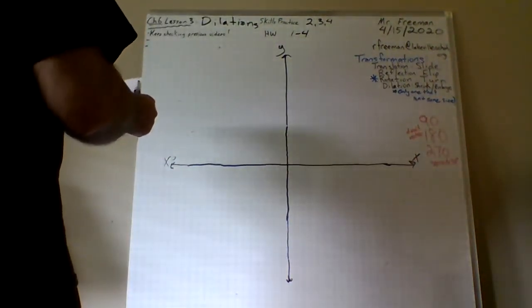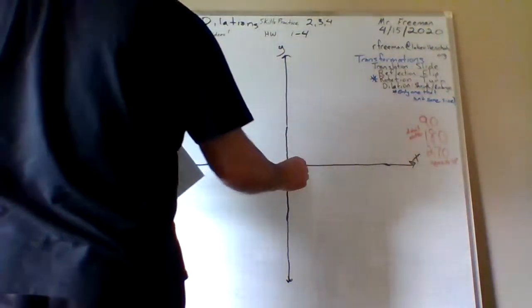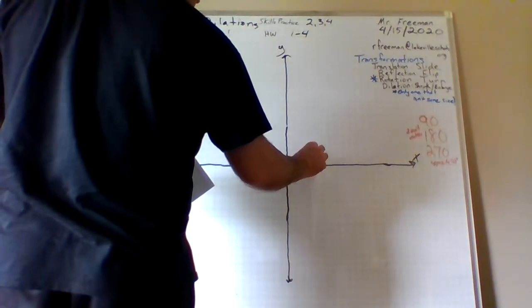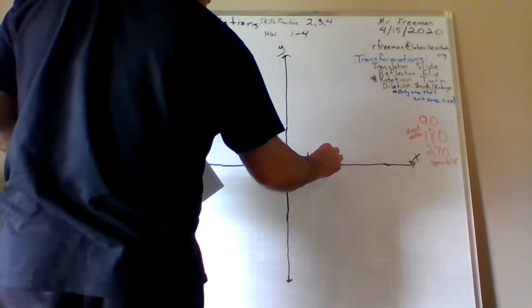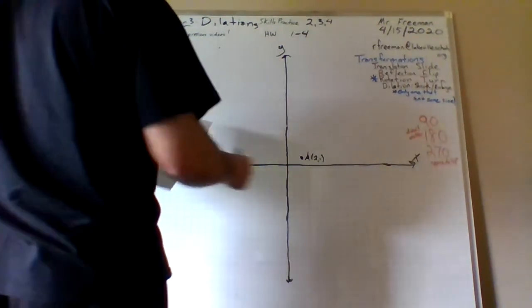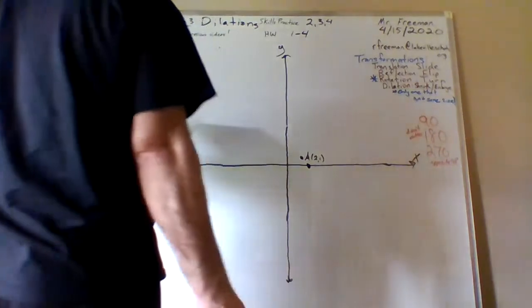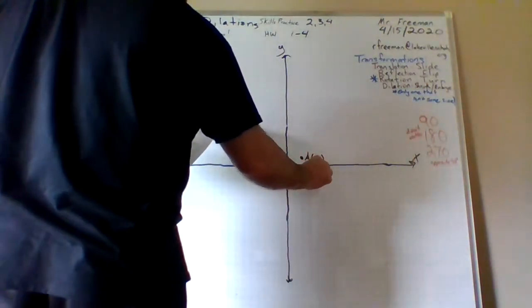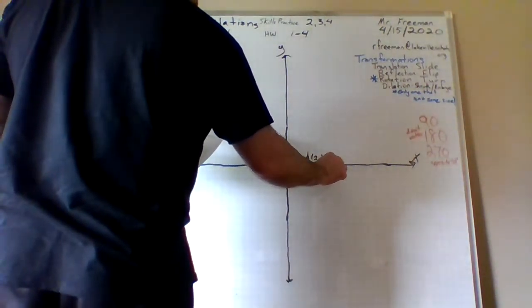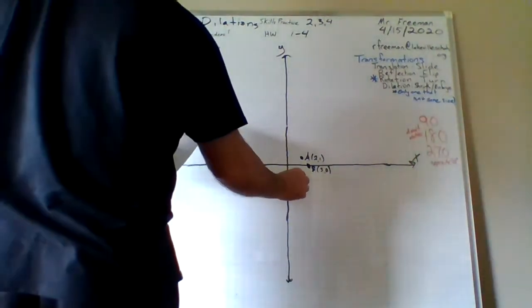The last one on this page for skills practice has an A of 2, 1. Okay, it has a B of 3, 0. It has a C of 1, negative 2.